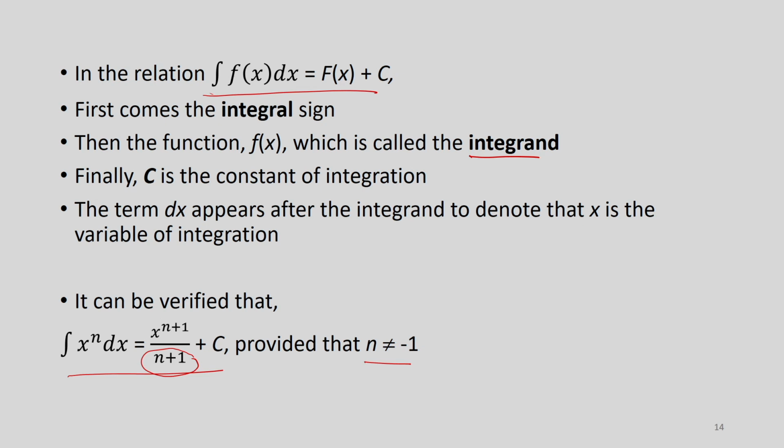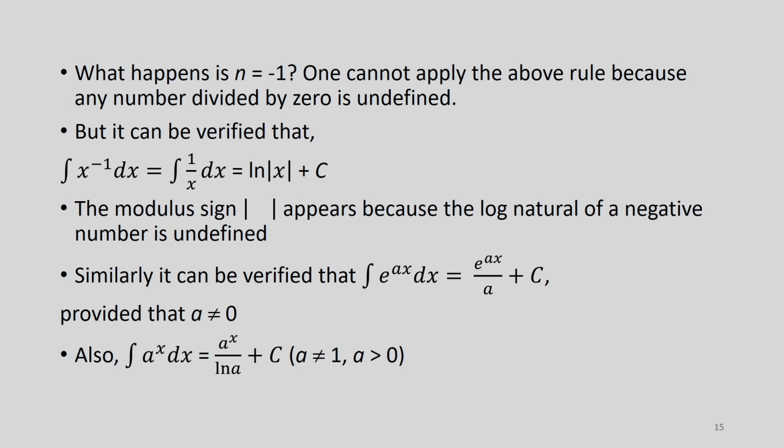So, the question that naturally arises is, if you have to integrate x to the power n and n is equal to minus 1, then how do you do it? The above rule cannot be used, but we have another formula, which is x to the power minus 1, as we know, is 1 divided by x, and this can be written as log of modulus of x plus c, right.